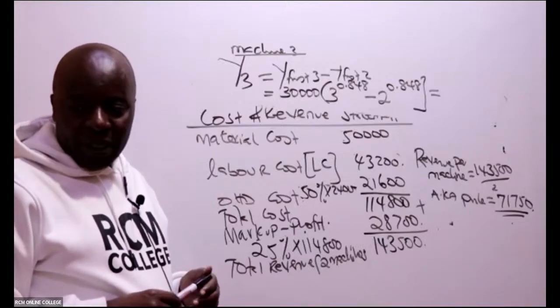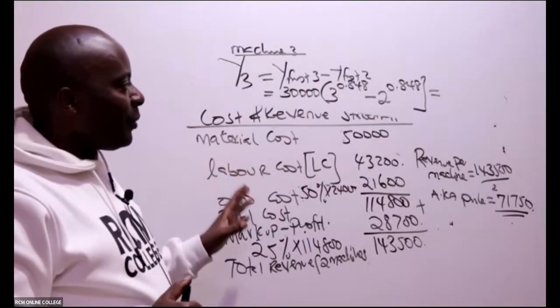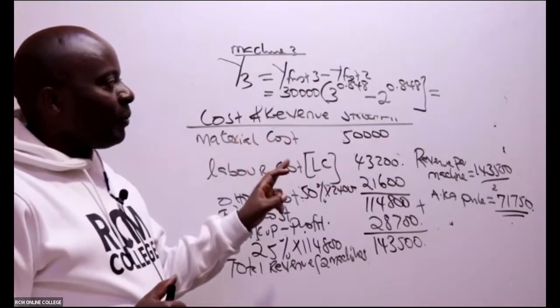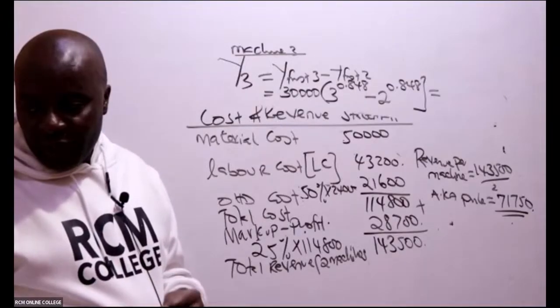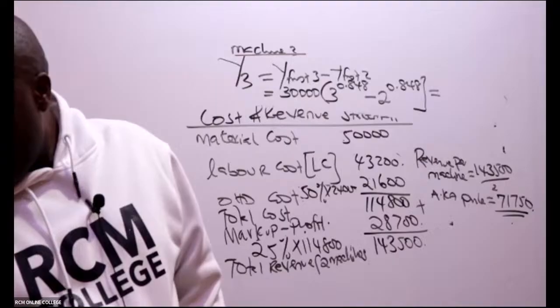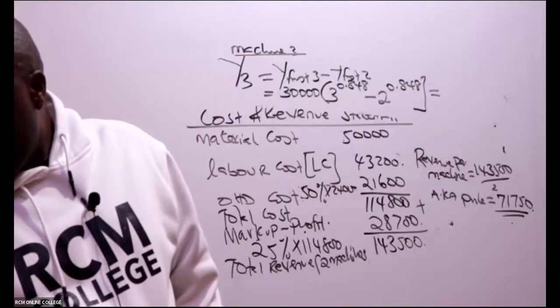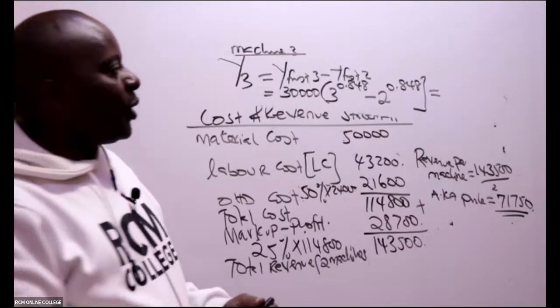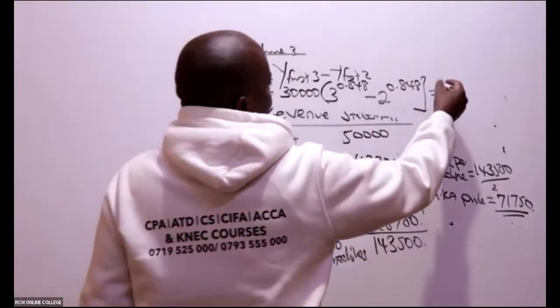I'm waiting for your answers. You take 30,000 times, open brackets, 3 raised to that, minus 2 raised to that, and then give me an answer. Is it 22,159? 22,159. Thank you very much.